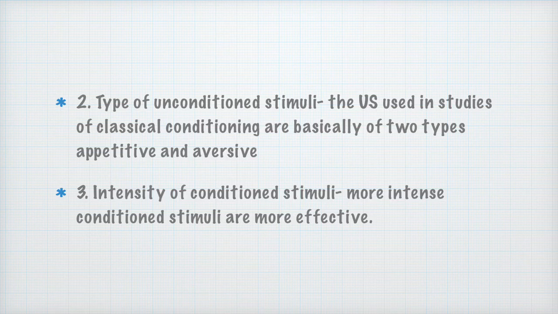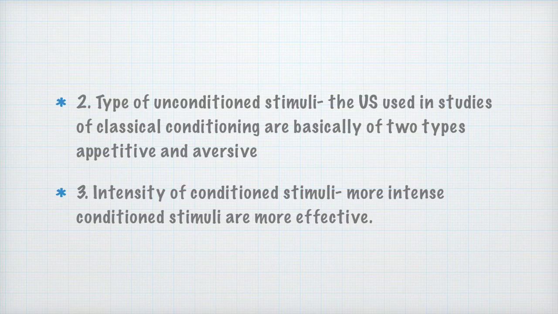By intensity, I mean, if you take the aroma of the food as your conditioned stimulus, the stronger the smell is, the more effective conditioning will be. It will require a lesser number of trials to establish the relationship or the conditioning.